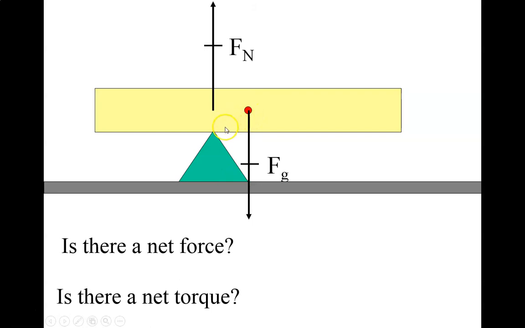Okay. If I move the fulcrum over, is there a net force now? I still have the normal force up, and that's balanced by the force of gravity down, as shown by these hash marks. So the net force on this meter stick is going to be zero. Is there going to be a net torque? Well, this normal force is still in line with my pivot point, so it's not going to create any torque.